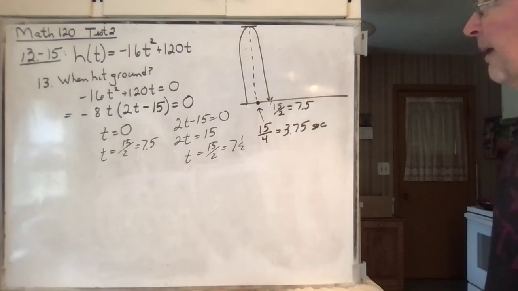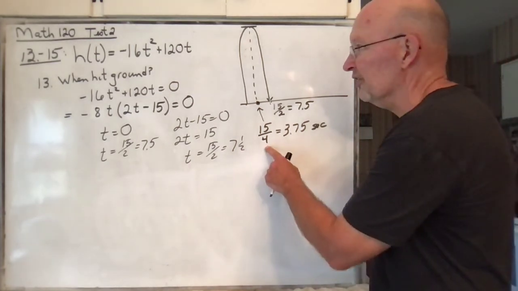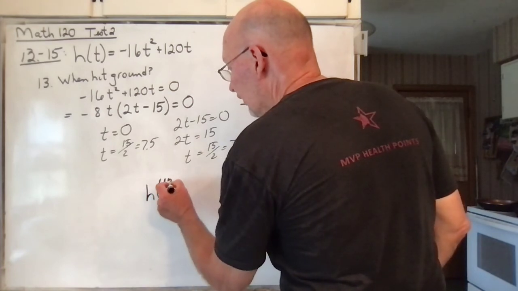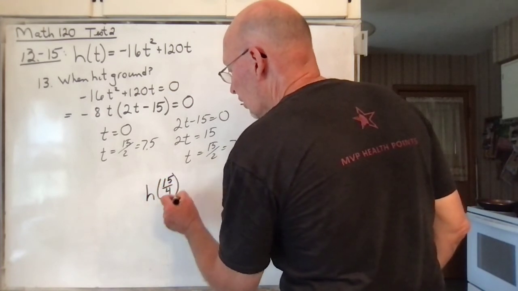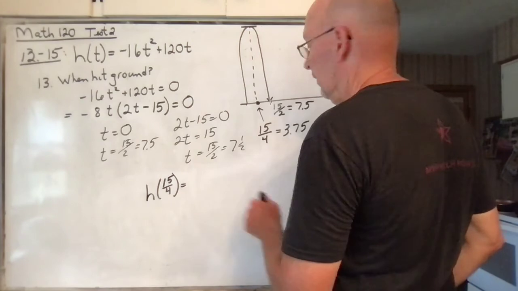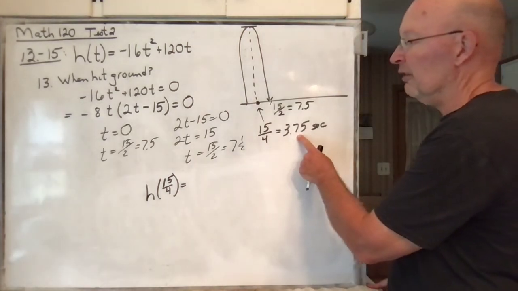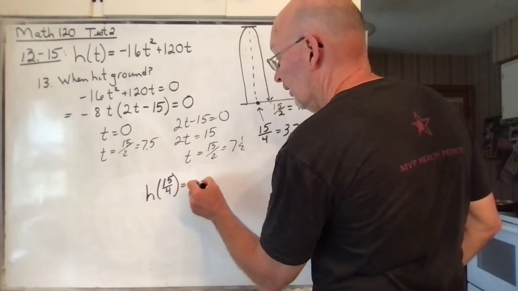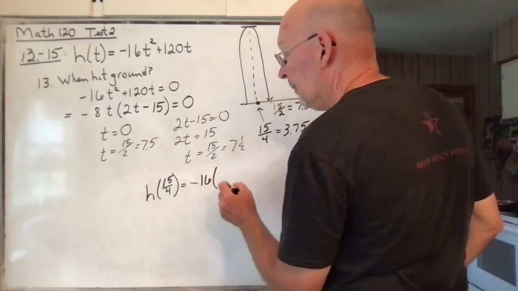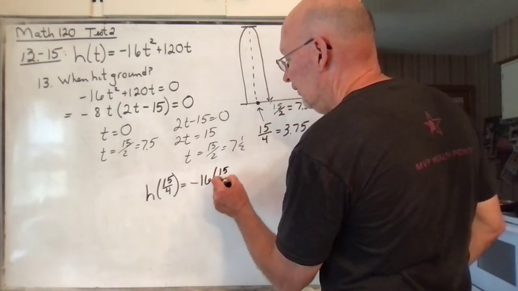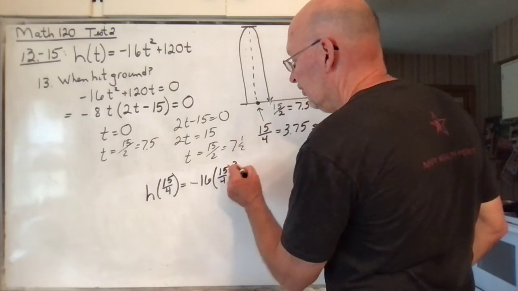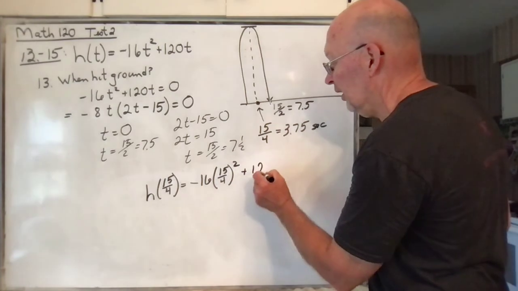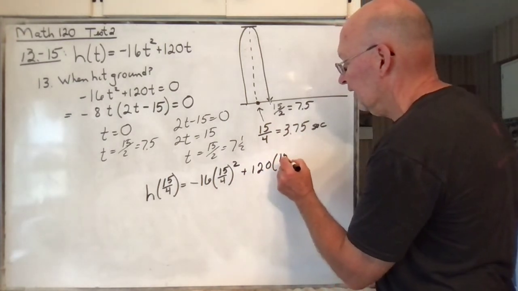And finally, what is the maximum height? Well, all we have to do is stick this in, and let's go ahead and see what we get. H of 15 fourths is equal to... if you wanted to, you could stick this into your calculator and get a numerical answer. I like to actually figure it out. So it's going to be negative 16 times 15 fourths quantity squared, plus 120 times 15 fourths.